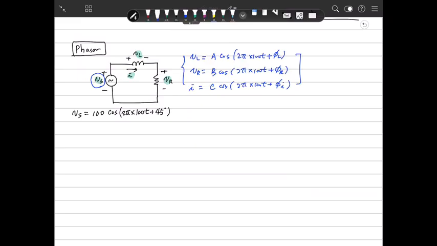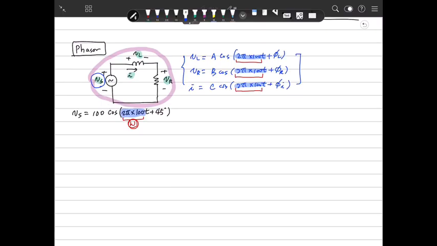Especially if the source's frequency, I mean the angular velocity omega, governs all the variables, then the same omega appears here, here, and here. If the source has a fixed frequency omega, then all components of this circuit have the same omega.